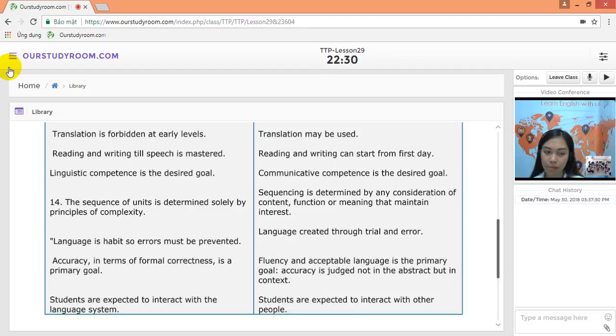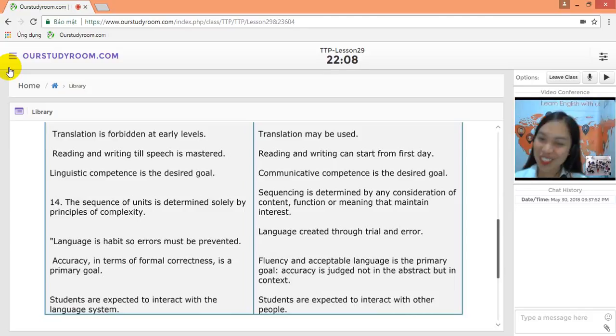Contextualization is a basic device. Learning language is learning structure, how it works. Language learning is learning to communicate. Explain.